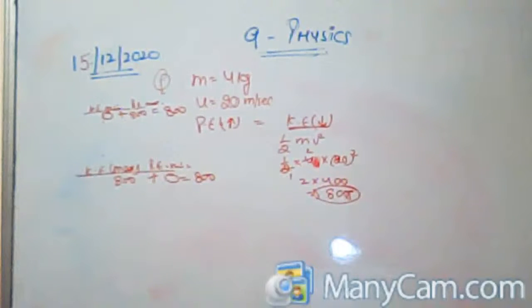B part, its speed when it has fallen through 78.4 meter. And C part, the time taken in falling through 78.4 meter.